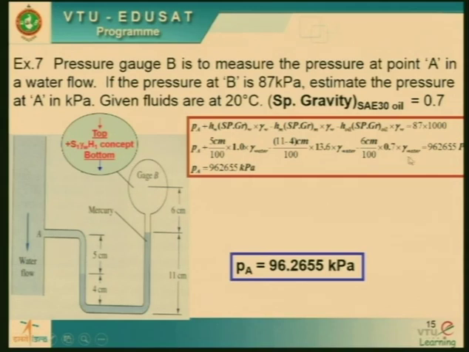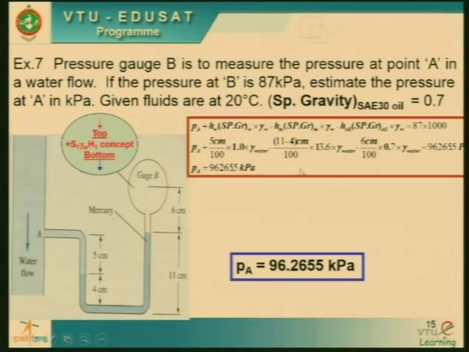So definitely in this case we are travelling from point A, here positive, same liquid, same level, minus and minus. So we have 2 minus upwards and 1 positive downwards. This is 5 centimeter converted to meter.